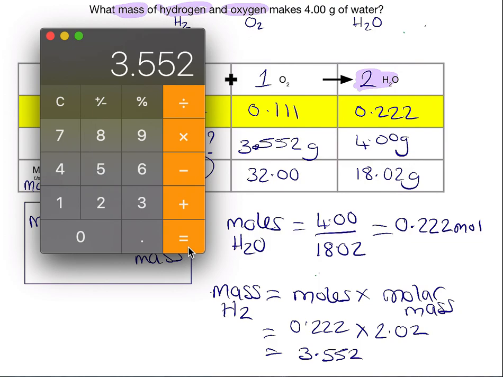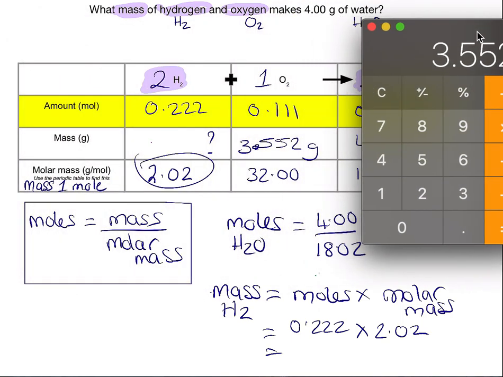So we're using the molar mass of H2, and we're using the moles of H2, so we've basically used these two values here in our formula.